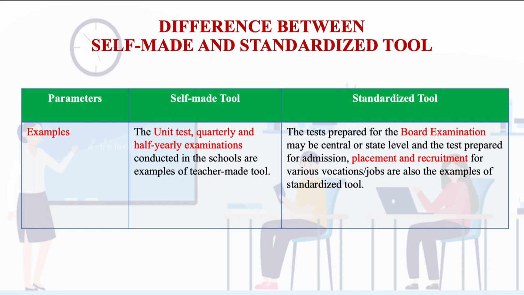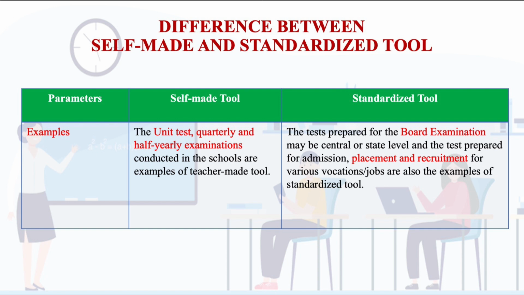Let us go forward. So far as examples are concerned, I have already discussed them when I was discussing the concept of self-made and standardized tools. We can say that a unit test is an example of a self-made tool, a quarterly examination or quarterly test is also an example of a self-made tool, and half yearly examinations are also examples of self-made tools.